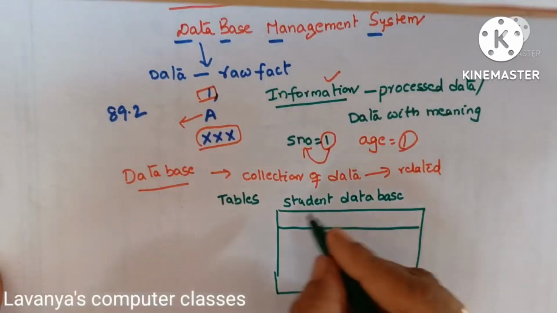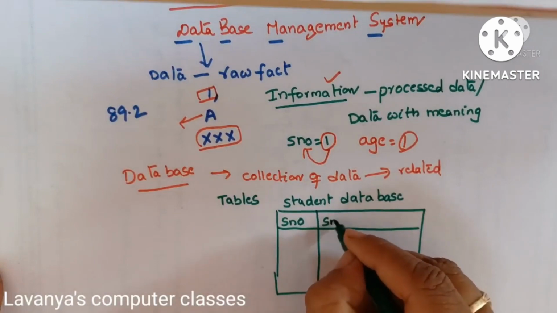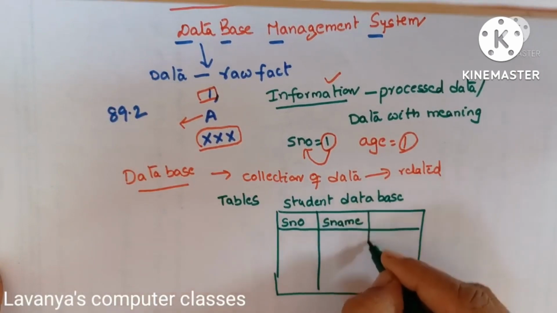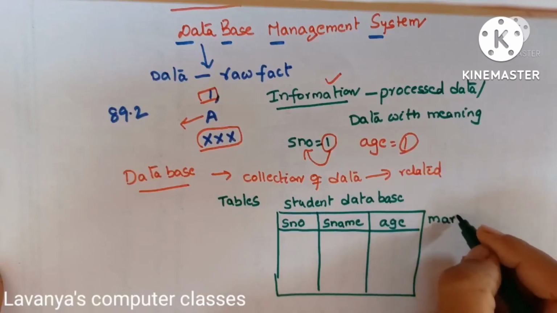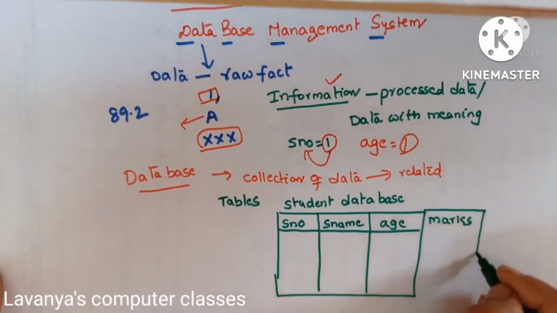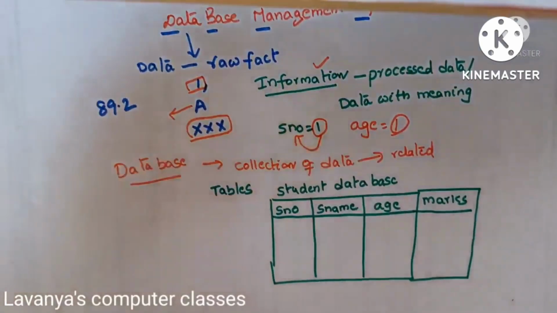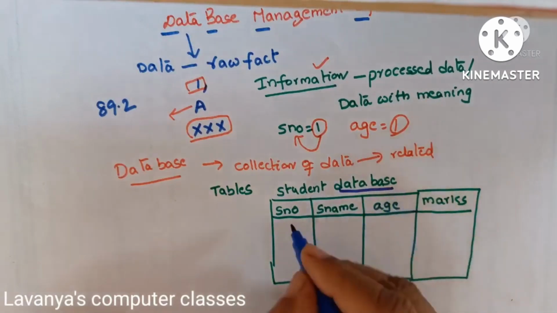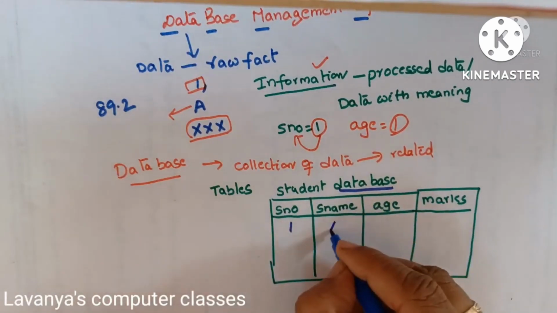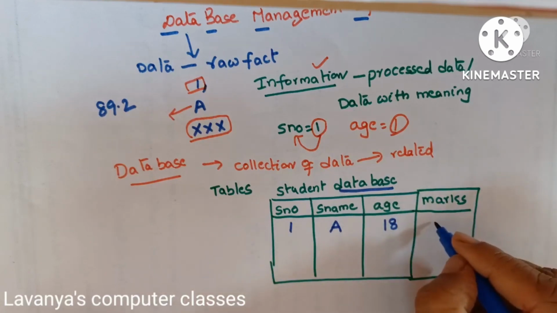So what is in the student database? What type of information is there? Like serial number for any student, student name, age, marks. I want to collect the information about students. Information means processed data. Processed data of students is called a student database. Serial number 1, student name A, age 18, marks 22 out of 25.